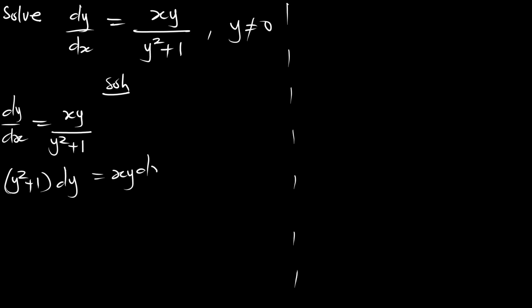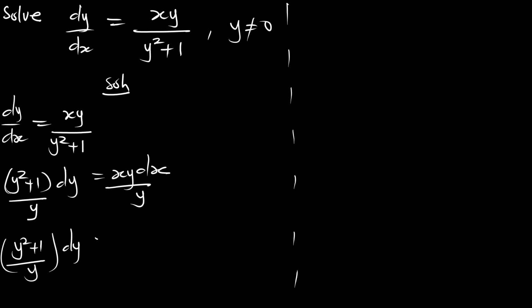I still have y here. Divide by y, divide by y. So (y squared plus 1) on y dy is equal to x dx. So now the separation is done. Are we okay? We have all this function in terms of y, here in terms of x.